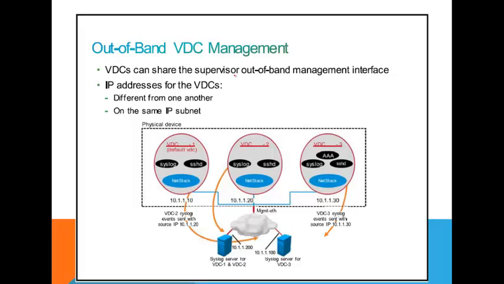That can be in-band or out of band. If you talk about in-band, we have one logical switch connecting to multiple VDCs. This is one physical device, but internally we have a logical switch. This is connected to this. So same subnet but different IP addresses.